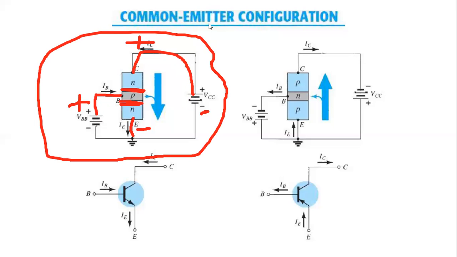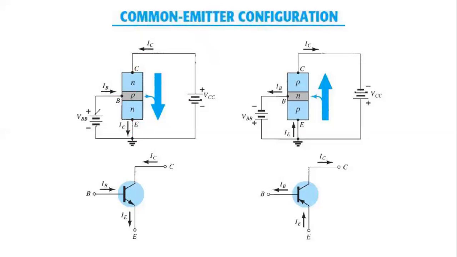So similarly, from here also you can see that from the battery source, the IB is going here, and the IC is going here. We all know that the entering current equals the exit current. So both the currents are entering inside the transistor, and the outgoing current is IE.